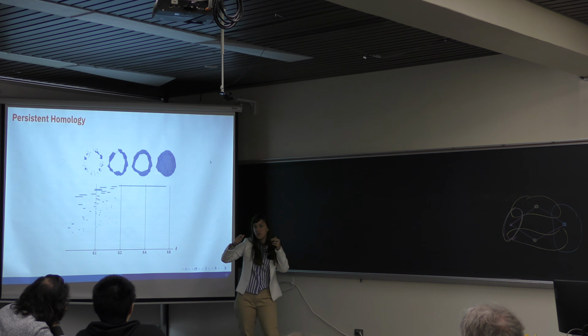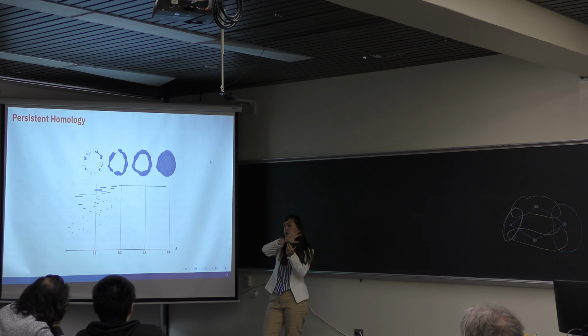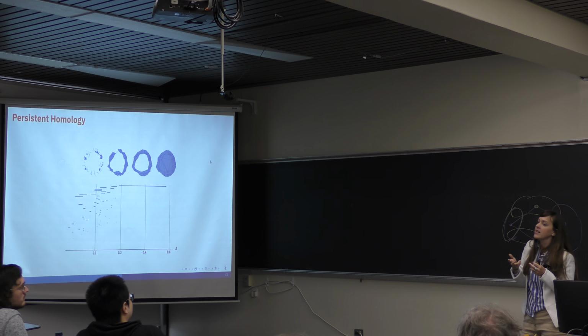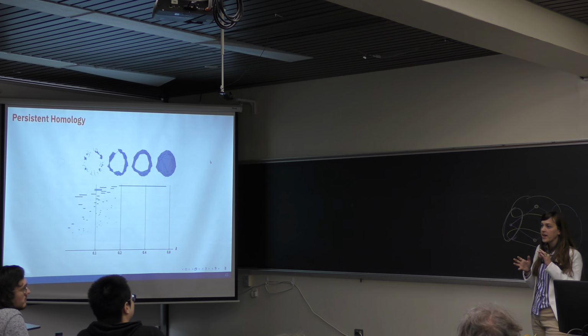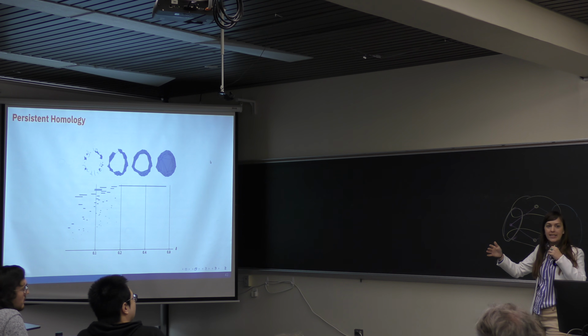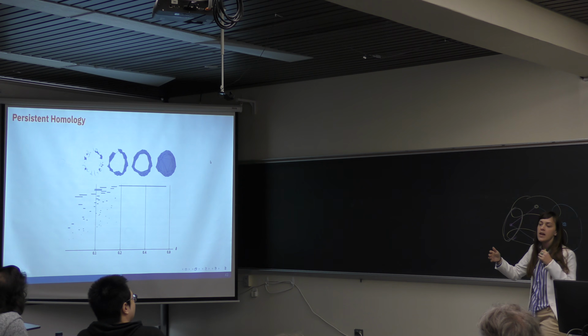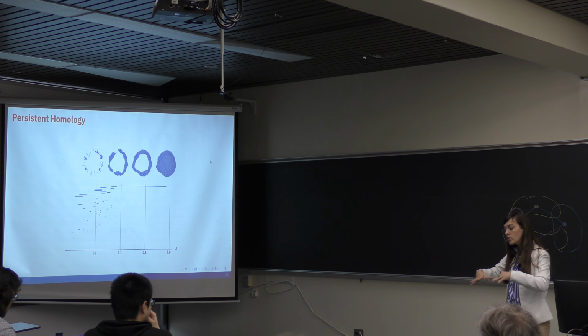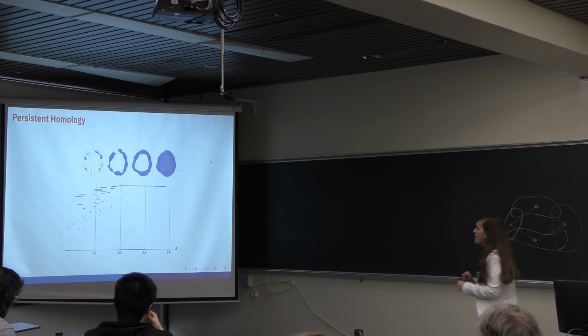What's important is the length of the interval, because it signifies how important the feature is: the longer it is present in the filtration, the more important it is in the underlying space.